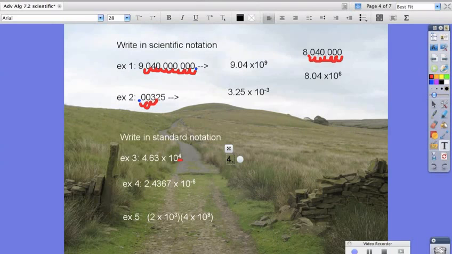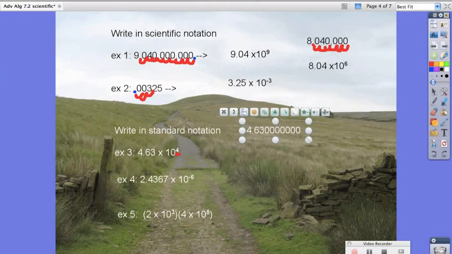So I'm going to rewrite our original number and add some zeros, just to make sure you see how it changed. Now we have this number, and we're going to move the decimal point.